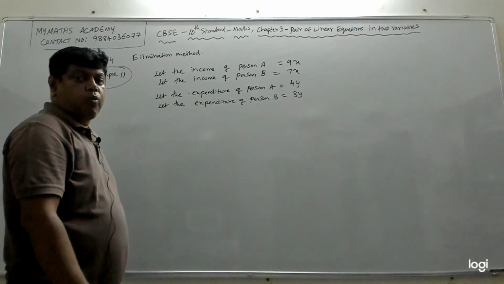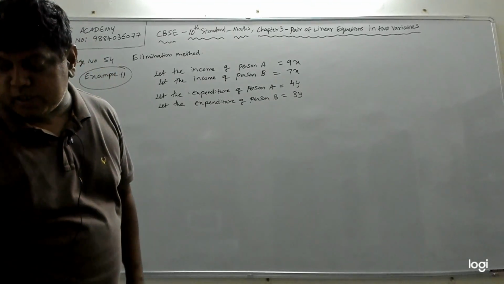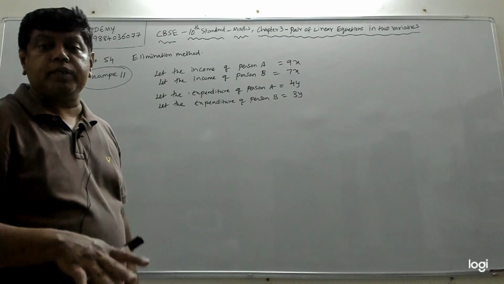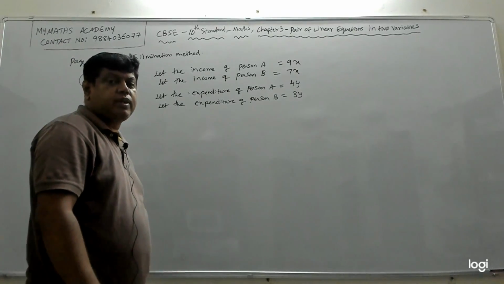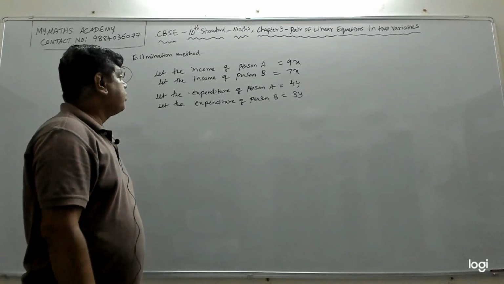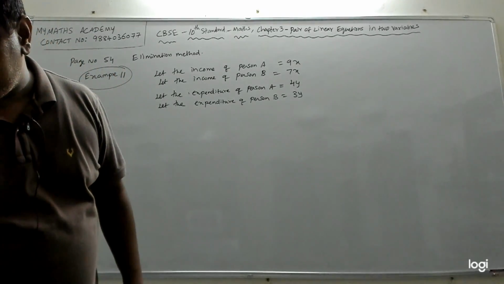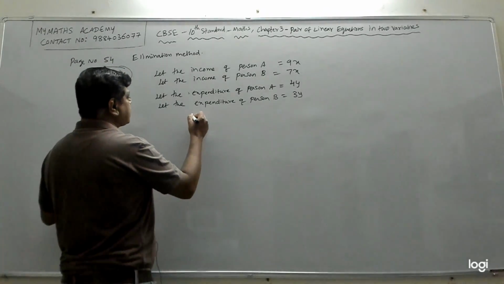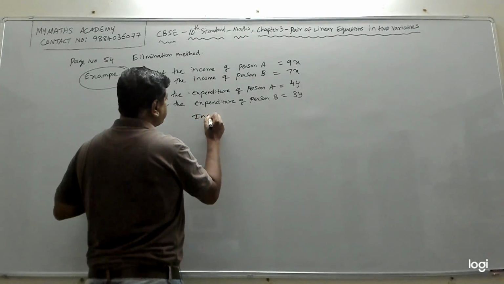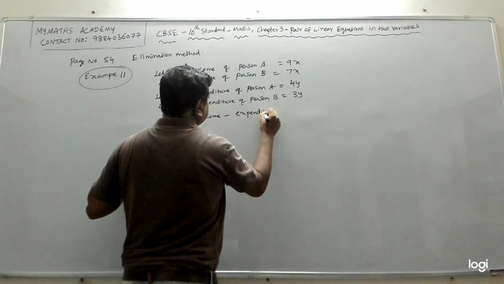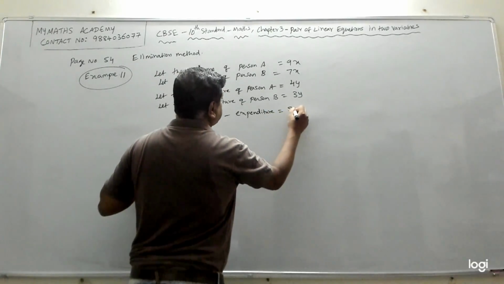Now what is the other statement that is given? Both of them managed to save rupees 2000 per month. So their saving is rupees 2,000 per month. How do we find the saving? Saving is income minus expenditure, equal to savings, correct?